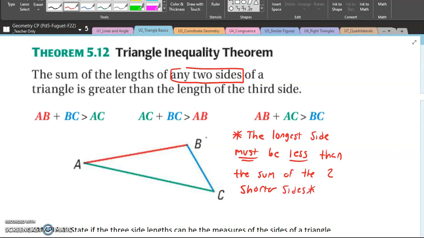The official theorem says you can take any two sides and add them up, and they have to be bigger than the third side. But really the one that we need to check and test throughout this lesson is that the longest side must be less than the sum of the other two.